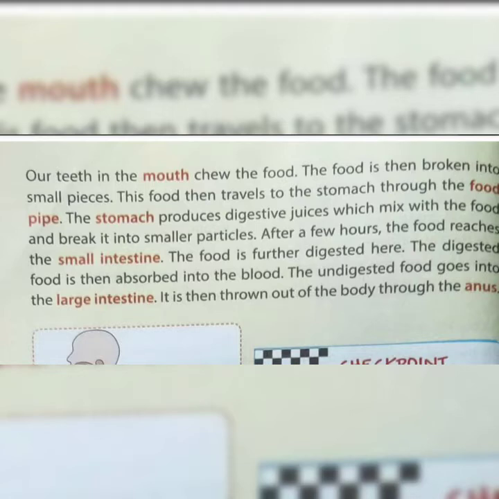After a few hours, the food reaches the small intestine. The food is further digested here. The digested food is then absorbed into the blood, and the undigested food goes into the large intestine. It is then thrown out of the body through the anus.